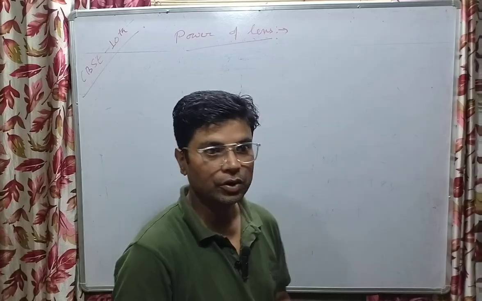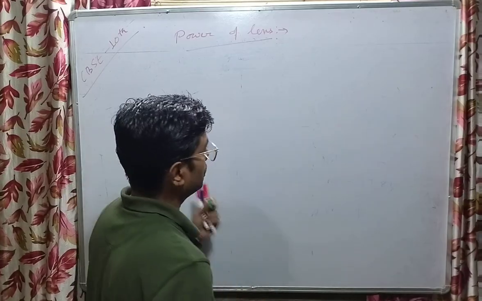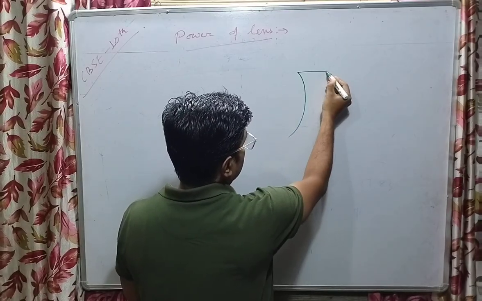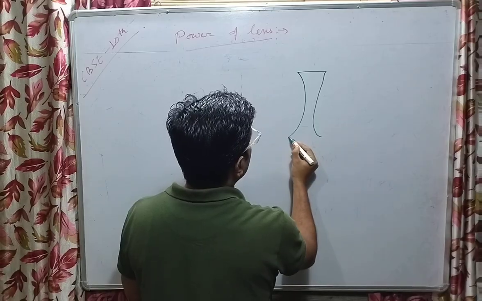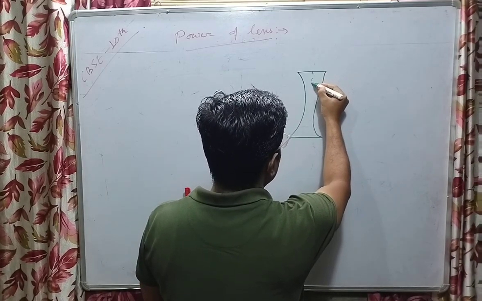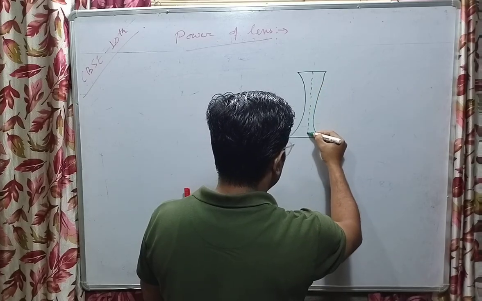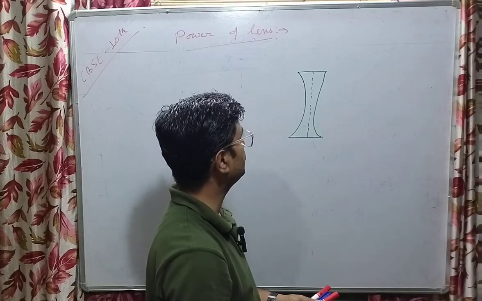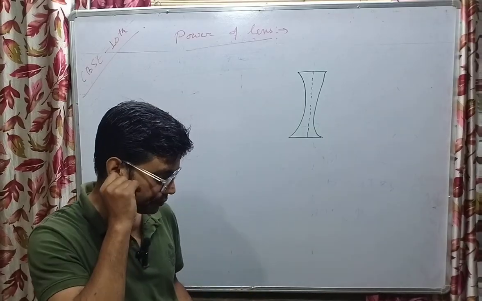While we are talking about concave lens, let's see, it is a concave lens, right? And this is the vertical axis of symmetry.